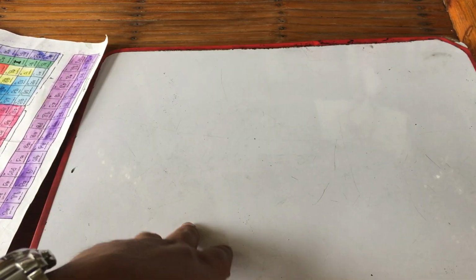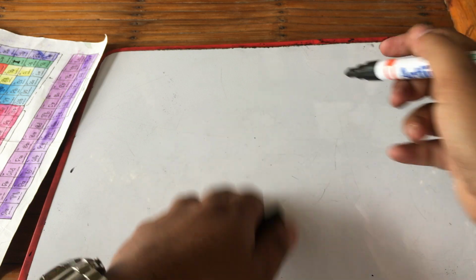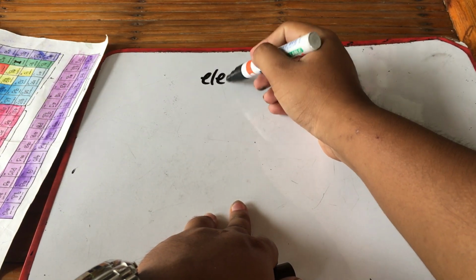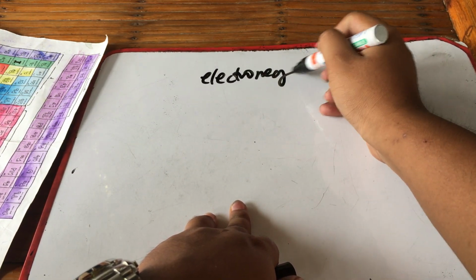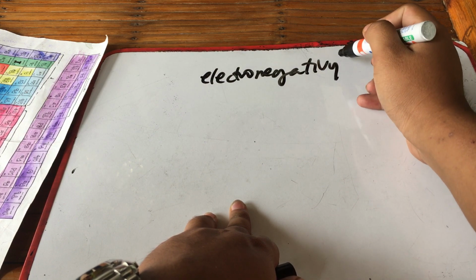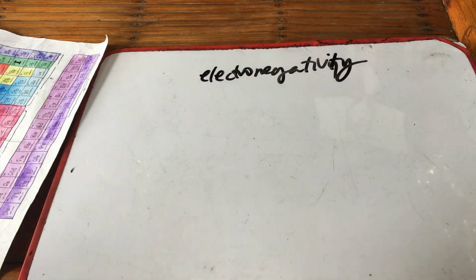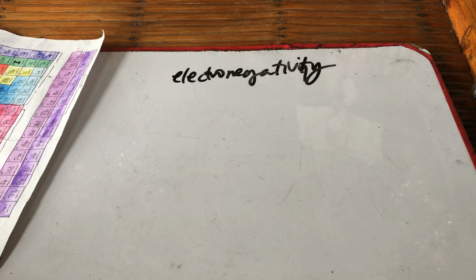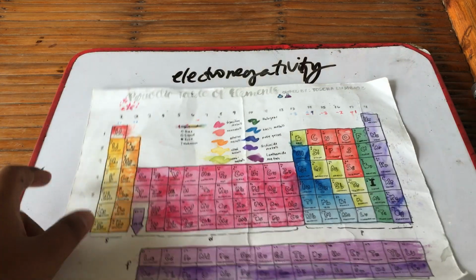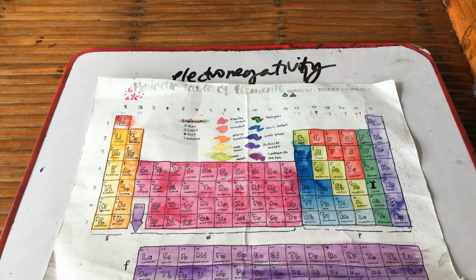Now, for the last one, our last is electronegativity. Electronegativity. Si electronegativity is just a consequence of ionization energy. Now, they are very, very similar.